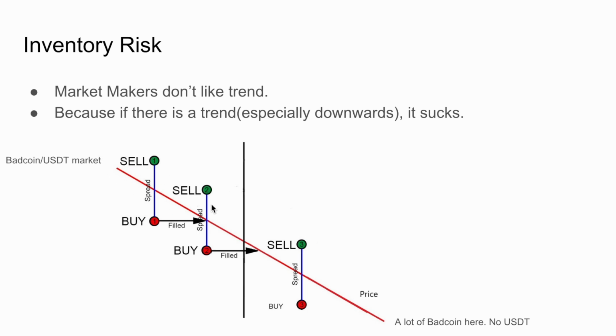Because this is a downward trend, our buy orders tend to always be filled and the sell orders will not be filled. Yeah, and we'll end up with a lot of bad coins here, without any USDT left in the most extreme case.